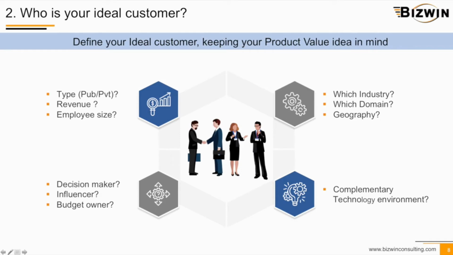So for example, you are building a product or a solution and services for a specific technology or a specific environment. You have to ensure that you have built it so that it is optimized for this environment. Otherwise, there would be a misfit or a mismatch, and it could lead to heartburns later. So this is step number 2, who is your ideal customer.